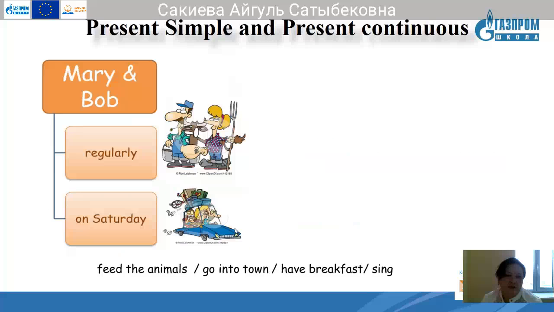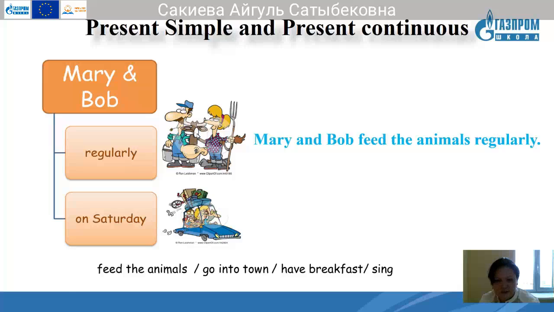Good job. Next, Mary and Bob. You have got the words regularly and on Saturday. So look at them. Look at the picture. What do they do regularly? Okay. Nursultan, Mary and Bob feed the animals regularly.